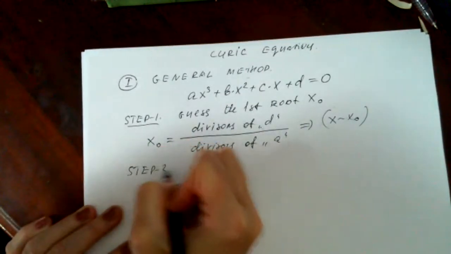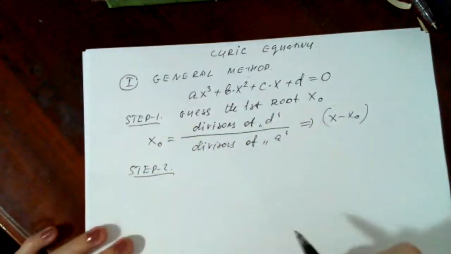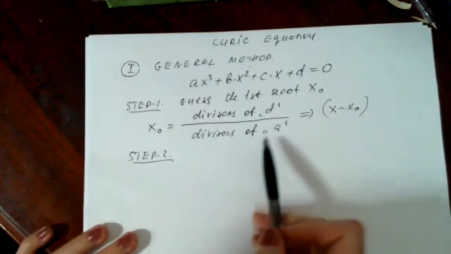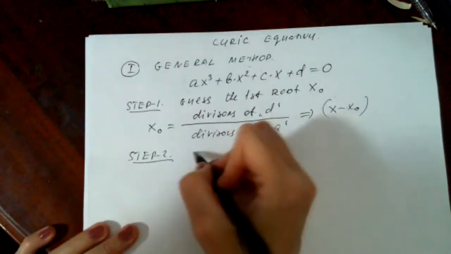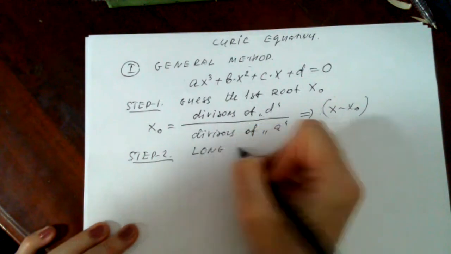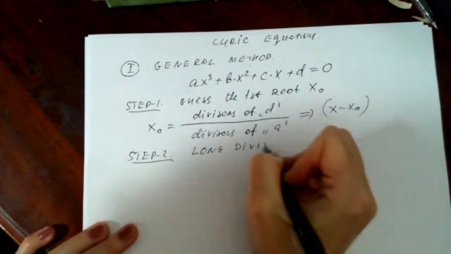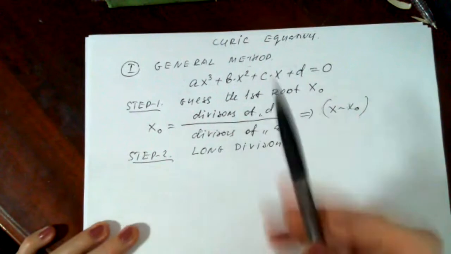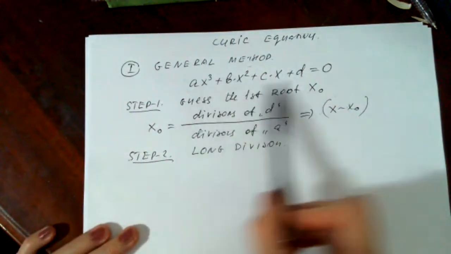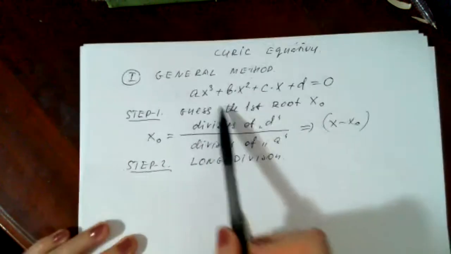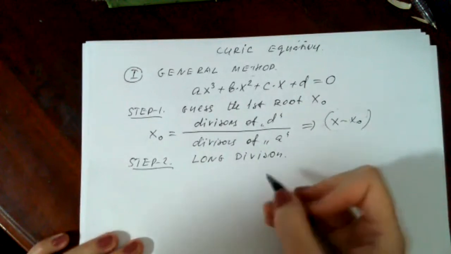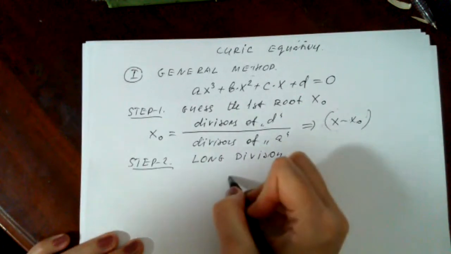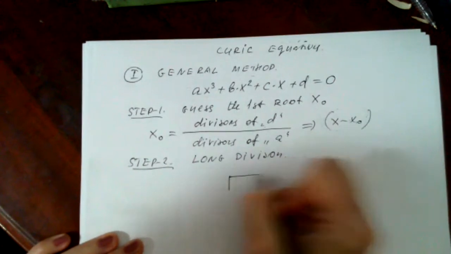So what is the next step? We still need to find the remaining 2 roots. Okay, and it turns out step 2 will be long division. It's called, as far as I know, long division. You need to divide this cubic polynomial, which is on the left-hand side, by this guessed factor. So it will look like this. As far as I know, you denote it in this way.